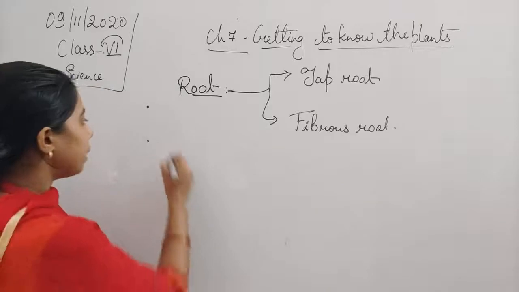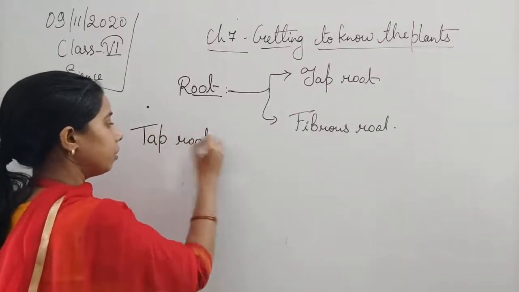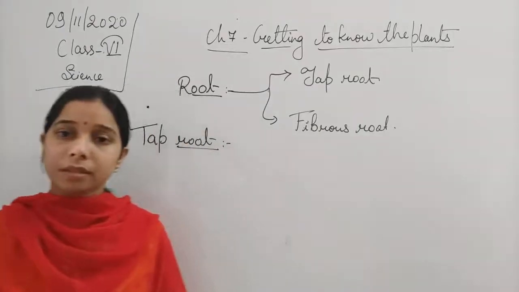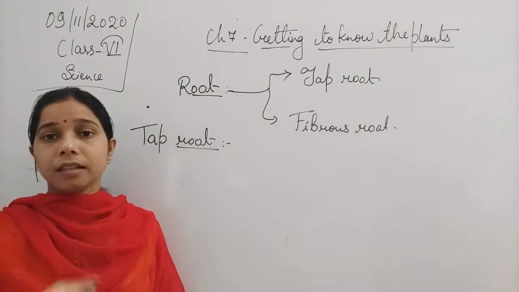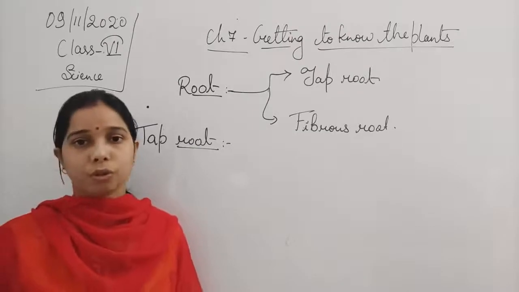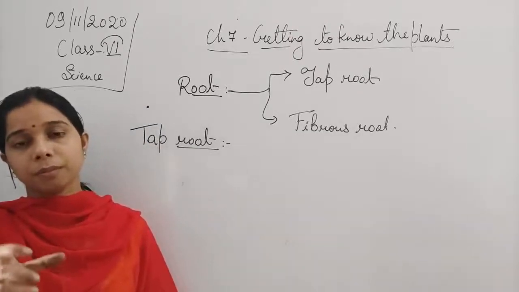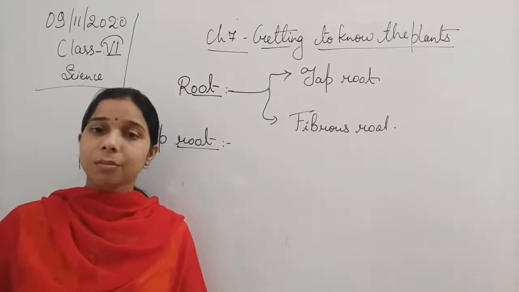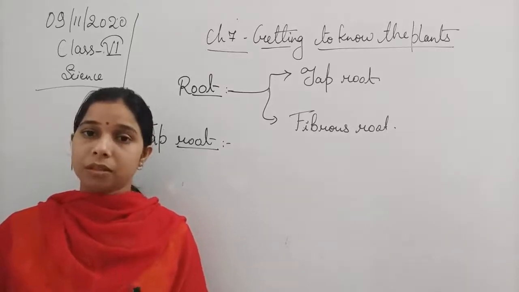So let us try to understand the taproot. What is a taproot? When you see a taproot, students, what will you find? First of all, a main root will enter into the soil. A main single root will enter from the plant into the soil, and from this main root, other small roots come out.